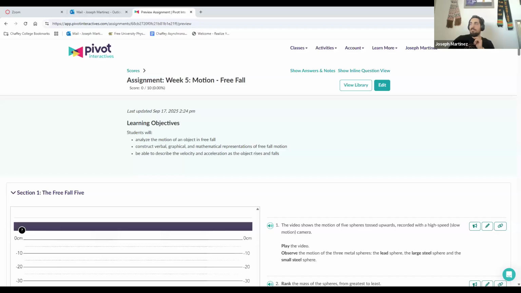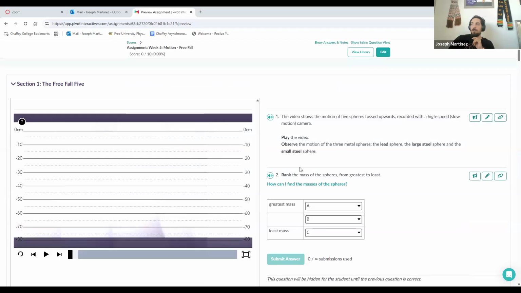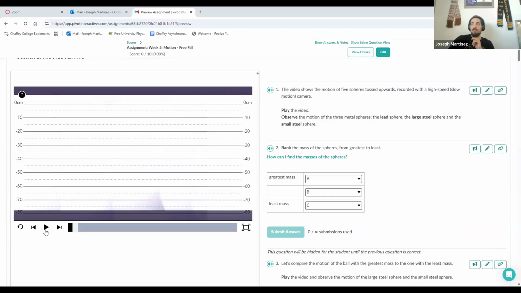I'm going to switch over to this assignment. So we switch over to today's assignment. And in this assignment, we are specifically looking at free fall motion. And we're going to look at free fall motion as it pertains to objects that are flying up and down in this video that we're going to take a look at.